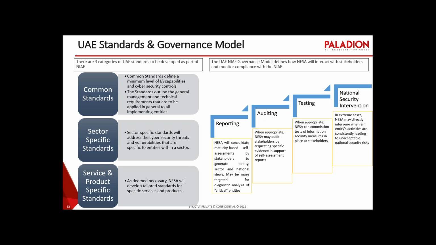The third level is when appropriate, NESA can commission a test of information security measures in place with the entities. And in extreme cases, which is the fourth level, NESA may directly intervene when an entity's activities are consistently leading to unacceptable national security risks. So, which is an extreme case. We believe no entity should reach that level once they properly implement NESA.